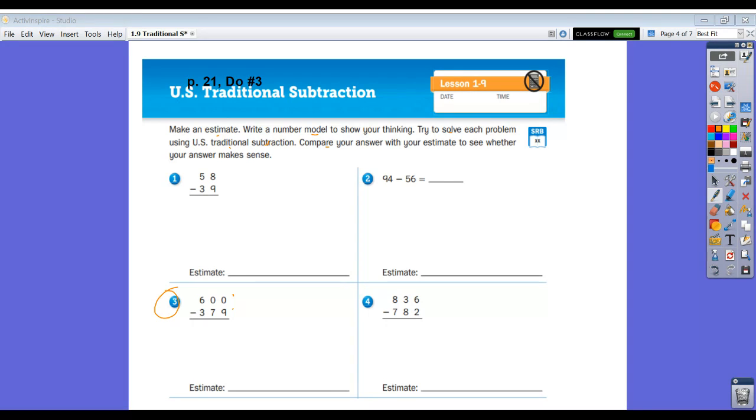I'd say it's a 3-parter, like you said, right? Because you have to make your estimate and write a number model to show it. Then step 2, you have to try to solve the problem. And then step 3, compare to your estimate. Okay, so write those in the directions. It's page 21. Write those in the directions, the 1, 2, and 3. So we know we have to do all those steps.